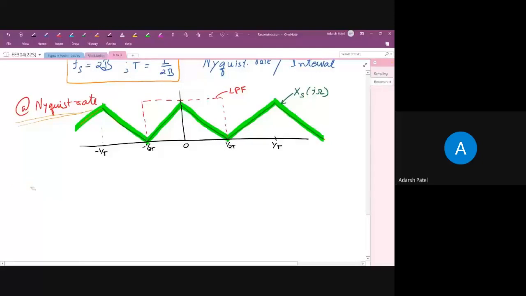Let's not go into this at this stage. I guess this is something that you have to explore. What happens? Let me write.